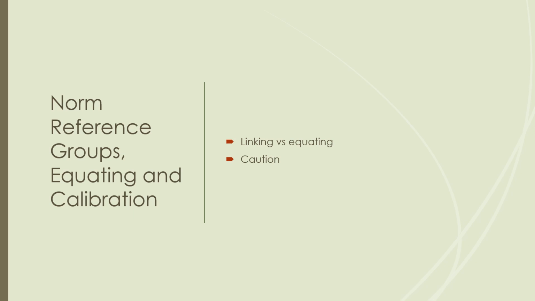Equating and calibration: we talked about linking versus equating. Equating is the practice of placing 2 or more tests on the same scale and satisfying the construct they have to in order to use those test scores interchangeably. So having a form A and a form B, making sure they measure the same construct and they're equal.